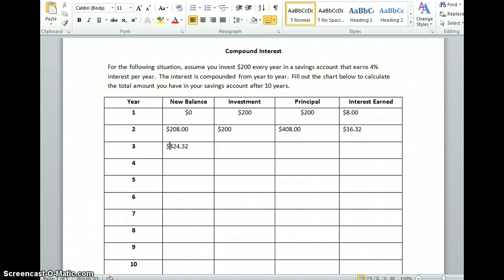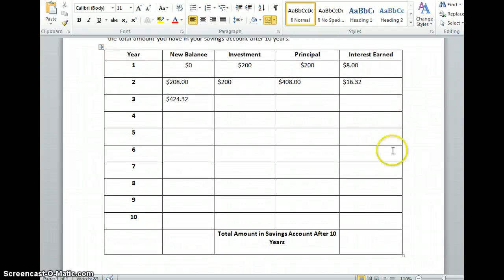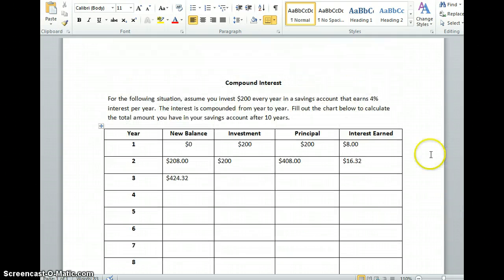Then I would just continue this process all the way down the compound interest sheet until I made it all the way to the end. Then what I should see in this cell here is the total amount of the savings account after 10 years, understanding the term in this case being 1 year straight across.